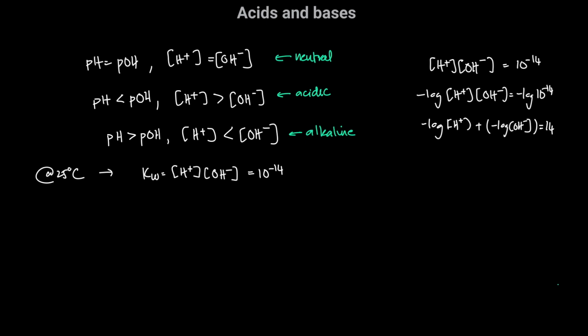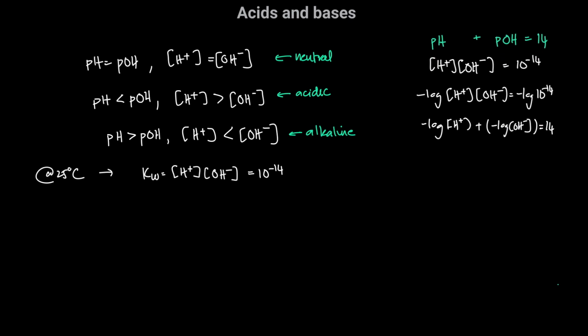Now the minus log of H+ concentration is simply the pH. The minus log of OH- is pOH, and therefore, the sum of pH and pOH is equal to 14. This is what you should be familiar with: pH plus pOH is equal to 14.